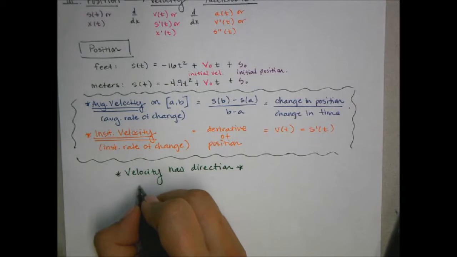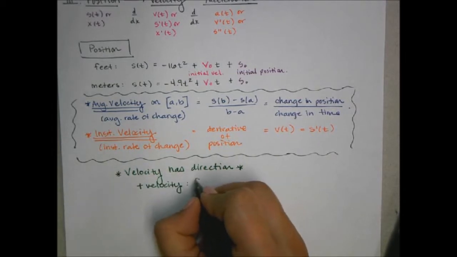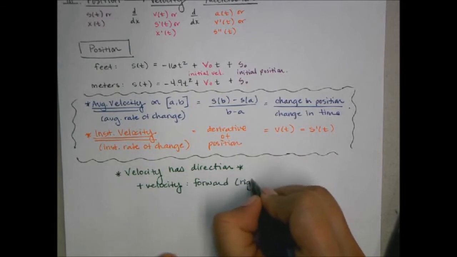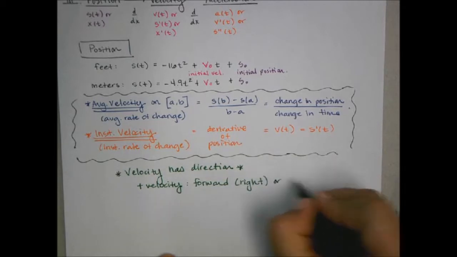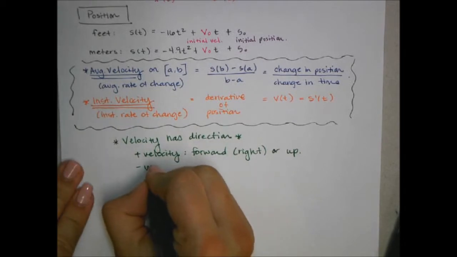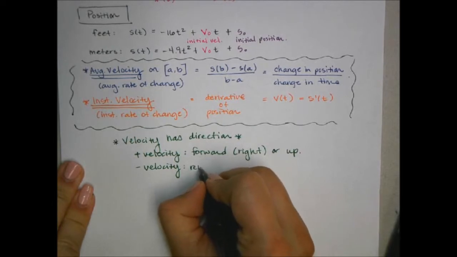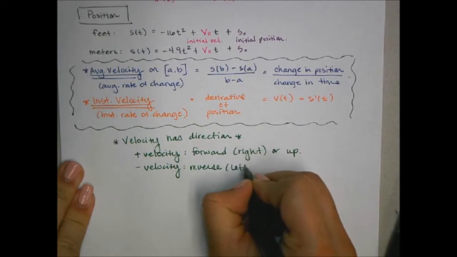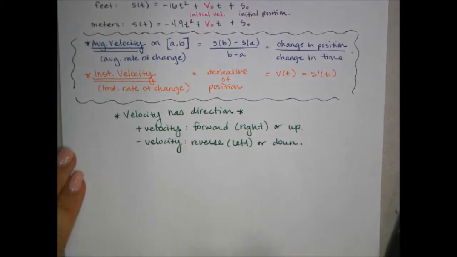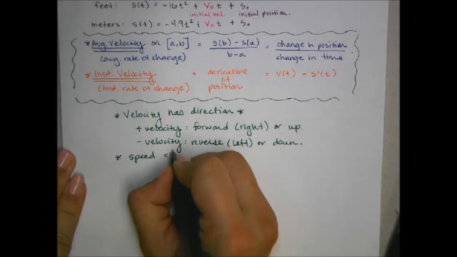So a positive velocity means we're either moving in the forward direction or to the right, or possibly up. A negative velocity means we're moving in the reverse direction, so to the left or possibly down. And then speed is just the absolute value of the velocity.